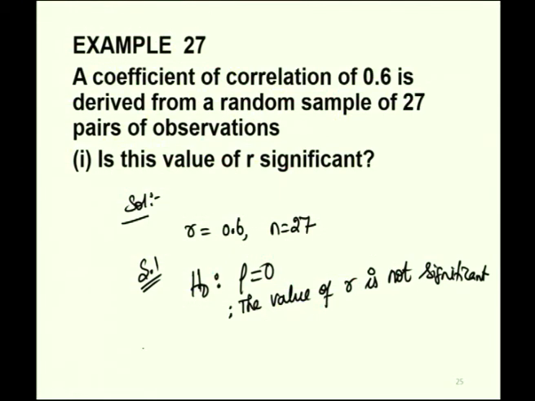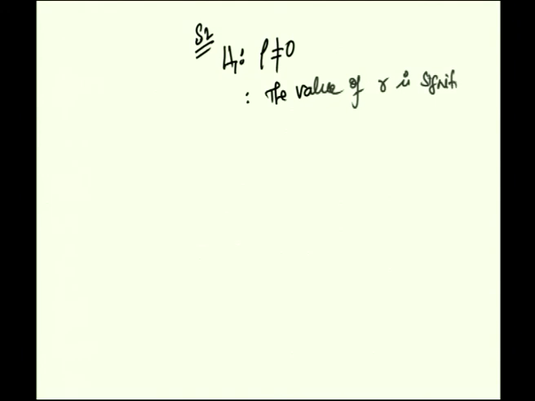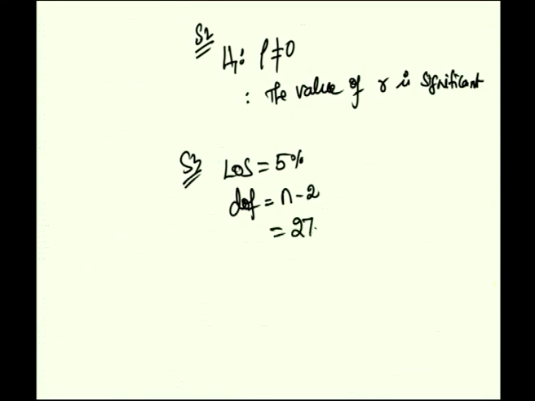This is H naught. Then step 2, H1: rho is not equal to 0, in the sense the value of R is significant. Next step 3, level of significance is 5% and degrees of freedom is equal to n minus 2. Here n is 27, so 27 minus 2 is equal to 25.